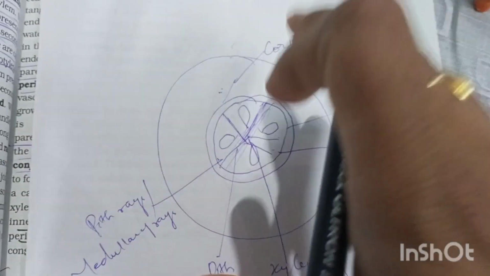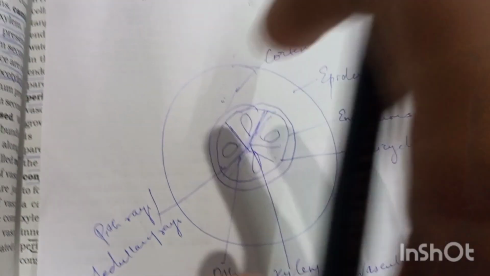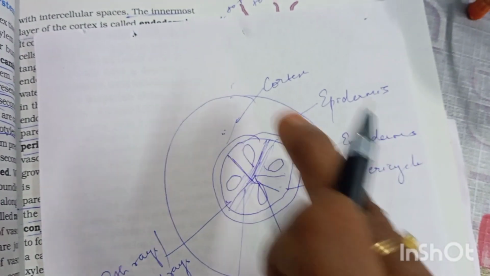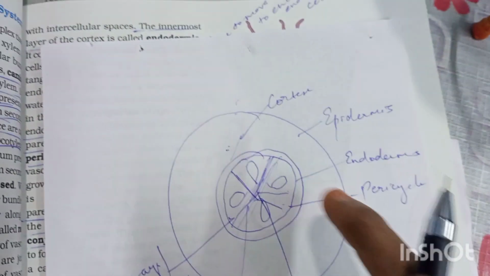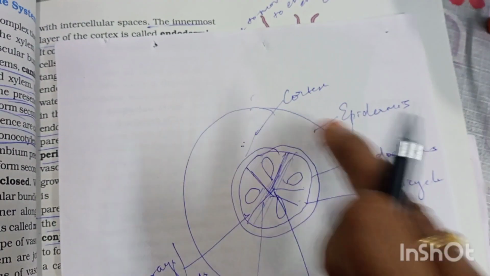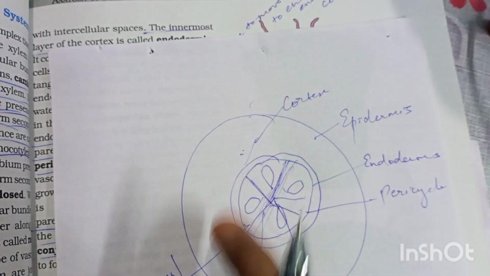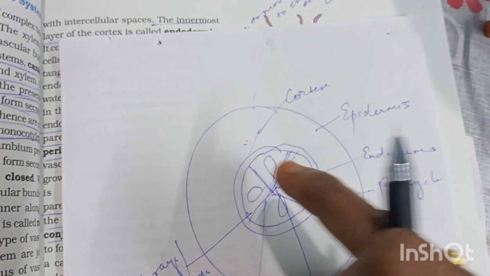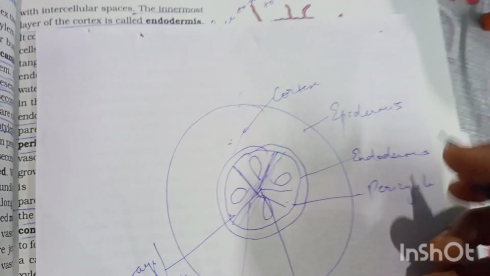So this is the general outline of the internal structure. So the first layer is epidermis. Next to the epidermis is cortex. So the layer that separates the vascular bundle from the cortex is actually the endodermis.